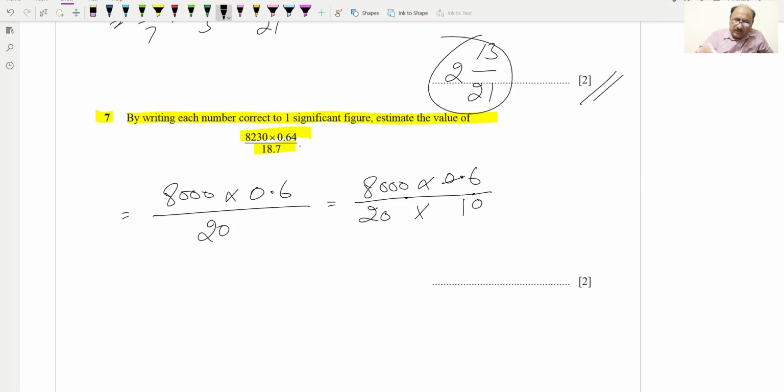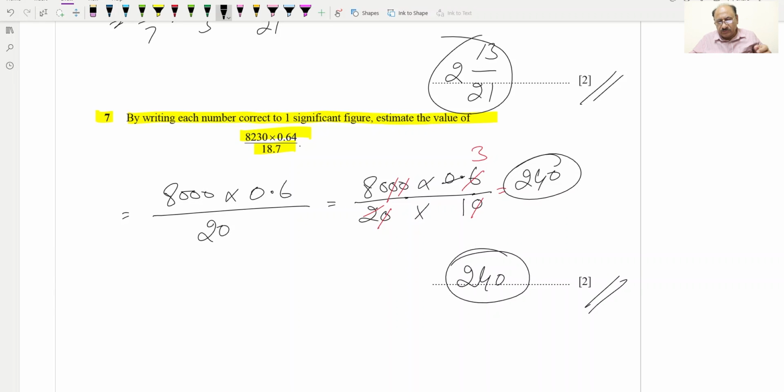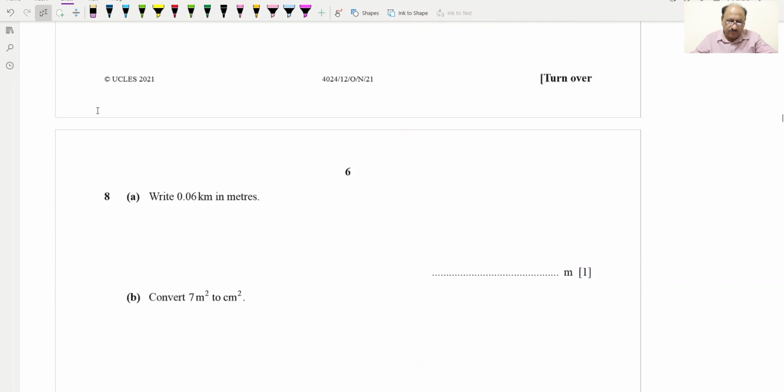Now we can cancel: this 0 with 0, this 0 with 0, and 2 with 6. 2 3s are 6. Then 3 multiplied by 8 will be 24, so 240 will be the final answer for this. It is a 2 mark question which we have done.